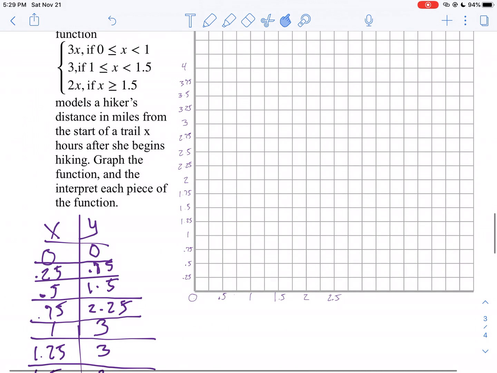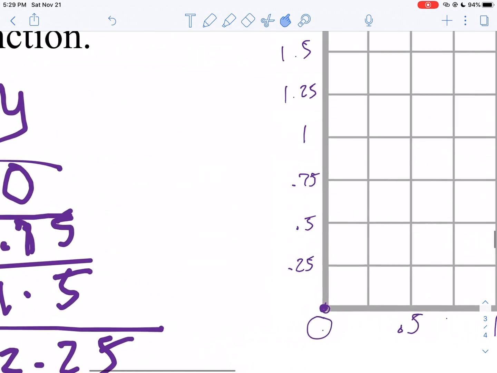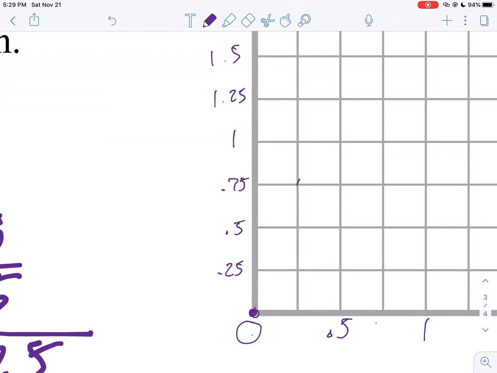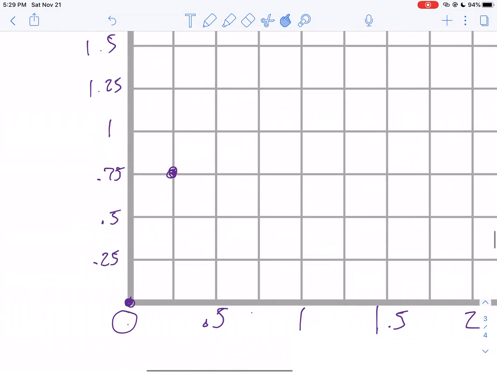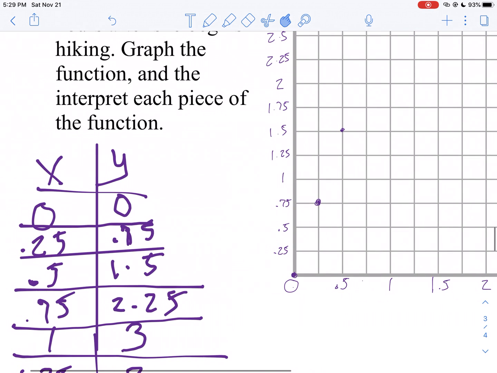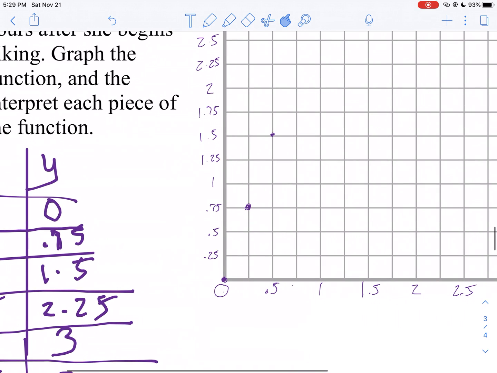When I'm at 0, I'm going to be at 0. When I'm at 0.25, I'm going to be at 0.75. When I'm at 0.5, I'm going to be at 1.5. Make my graph a little bit smaller so I can see my numbers here. When I'm at 0.75, I'm going to be at 2.25.